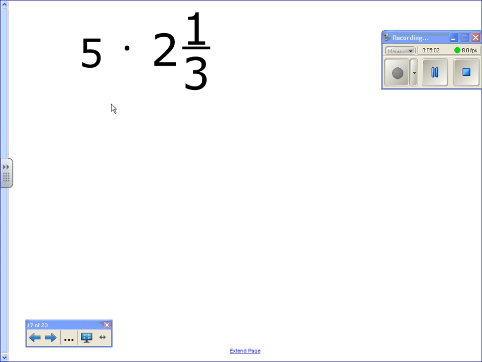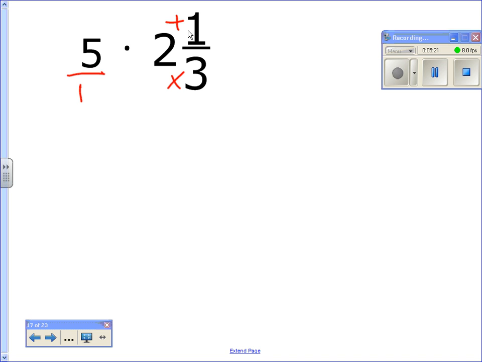Okay, this one, we've got a whole number and we've got a mixed number. So I'm going to start with putting my whole number over 1 because that's super easy. And then I'm going to convert my mixed number into an improper fraction, because whenever you're multiplying or dividing fractions, you have to have a fraction times a fraction.